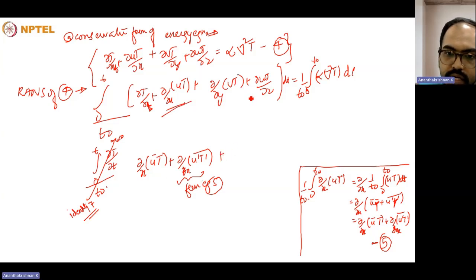Similarly, for the vT term, we can write ∂/∂y of V bar T bar plus ∂/∂y of V dash T dash bar.